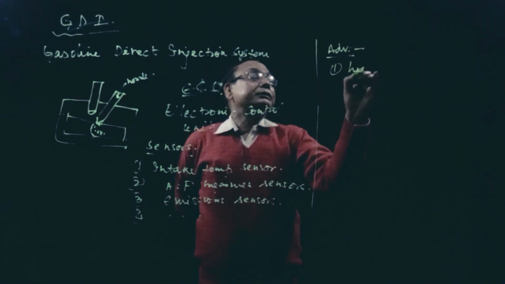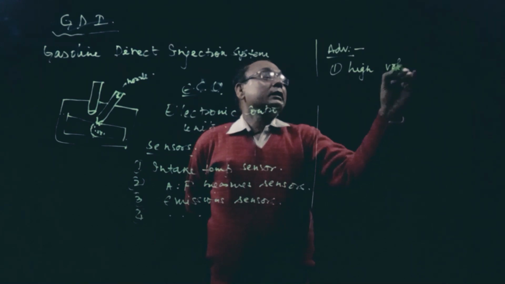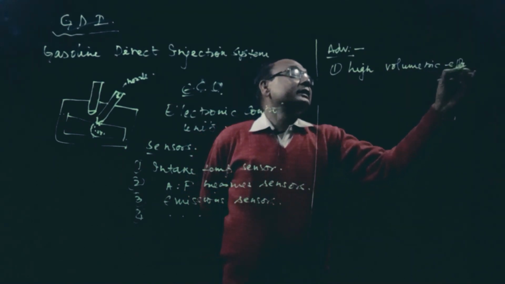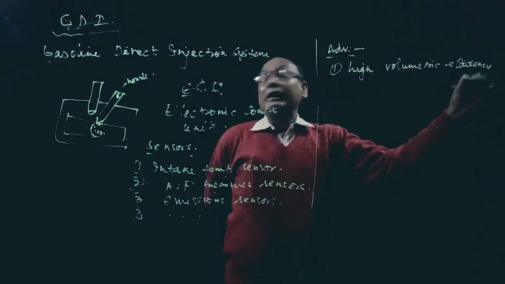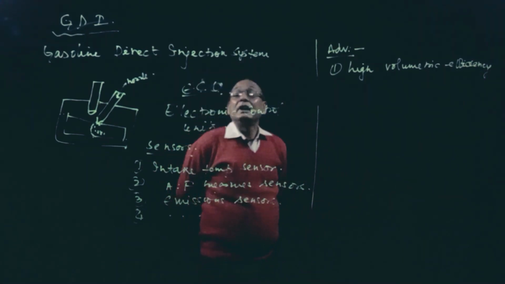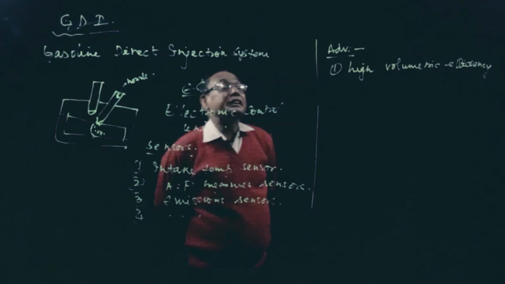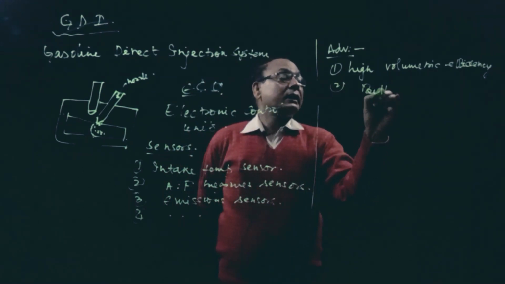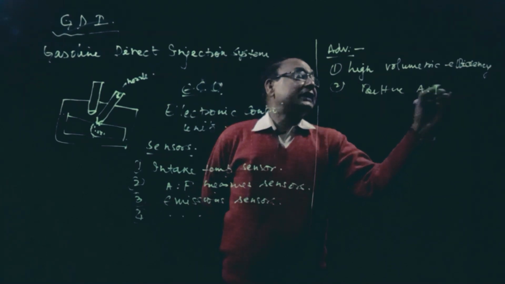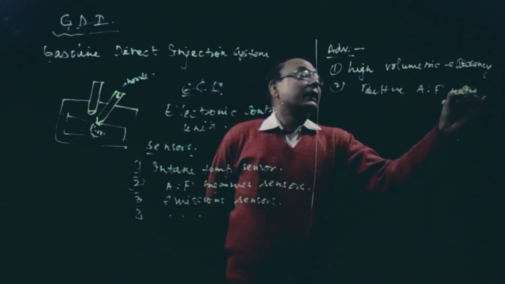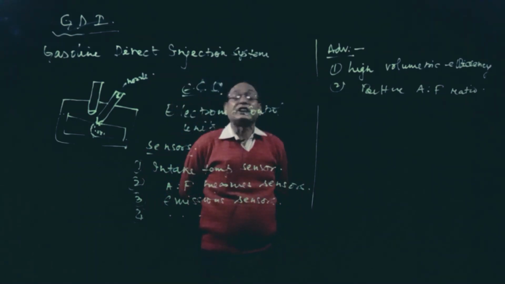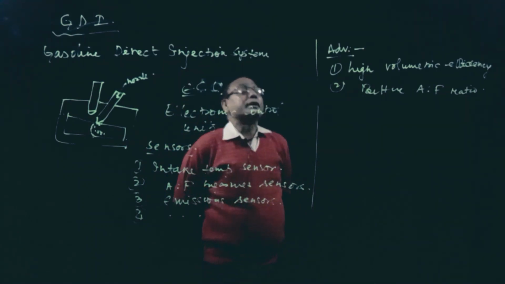high volumetric efficiency, because so many sensors are being used and electronic control units are there. Better air fuel ratio here, because in direct injection gasoline is directly fed into the cylinder.